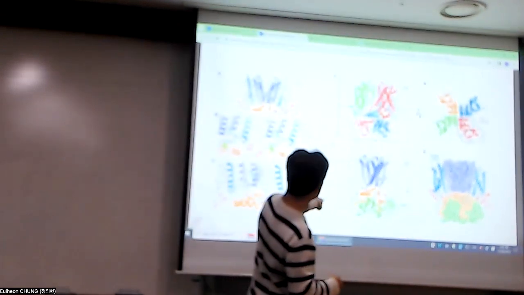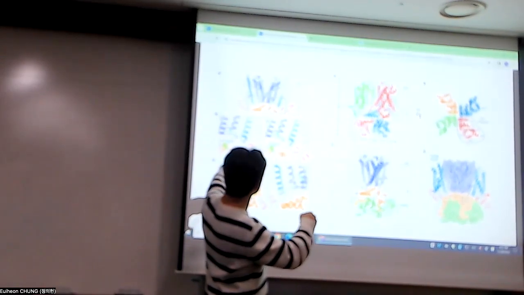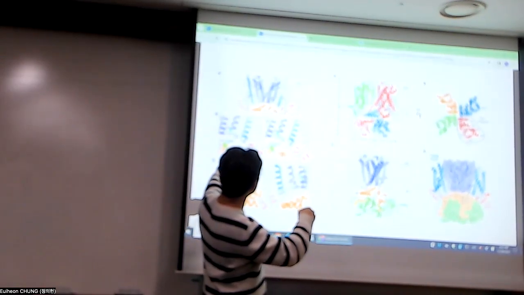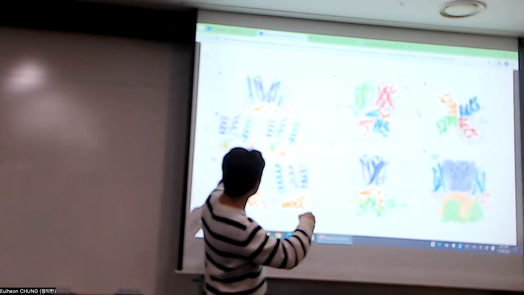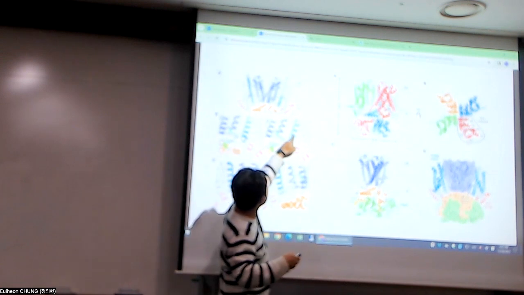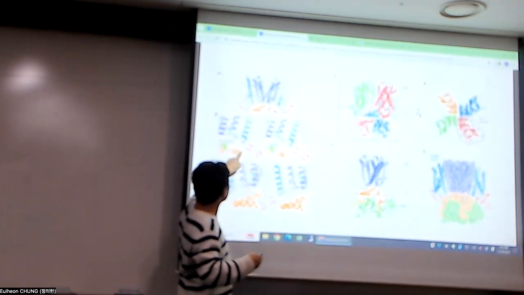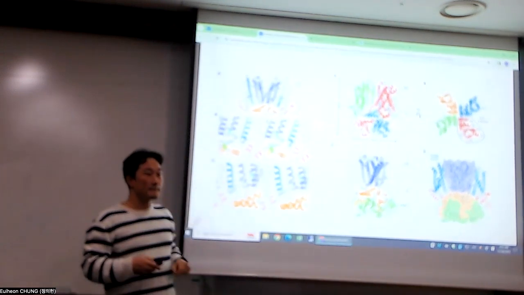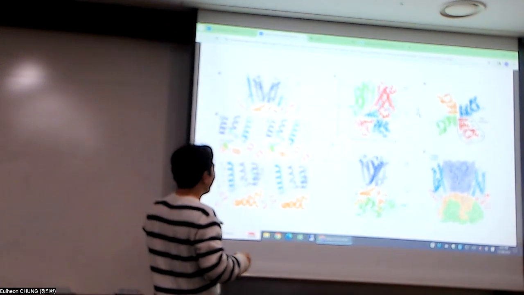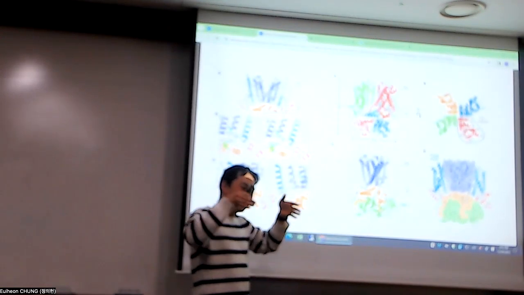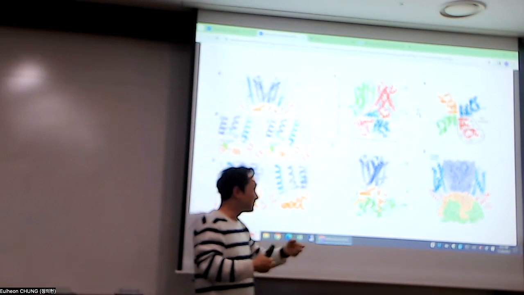Actually, this one is S4 and S5, this linker. The linker means the two transmembrane domains are linked. It should be linked like this. This is called the linker.